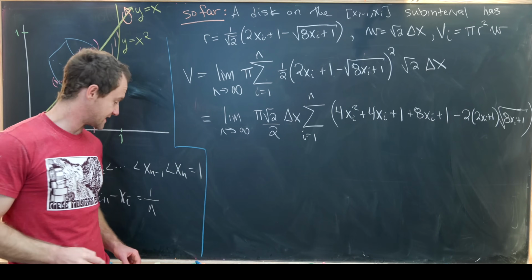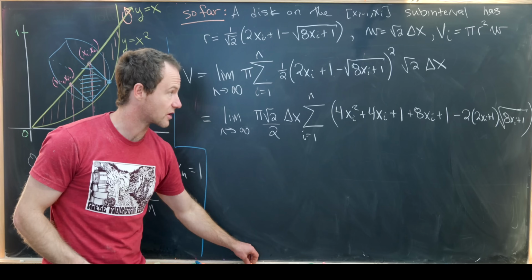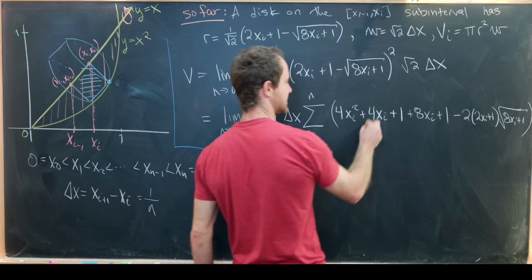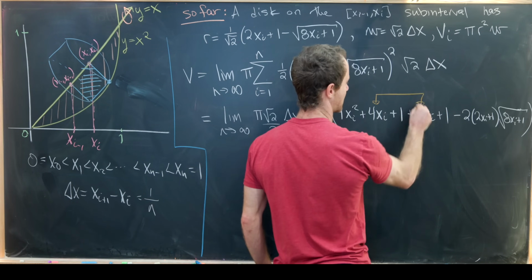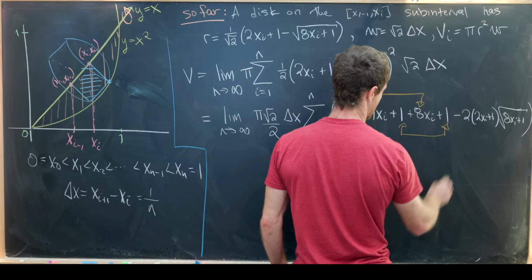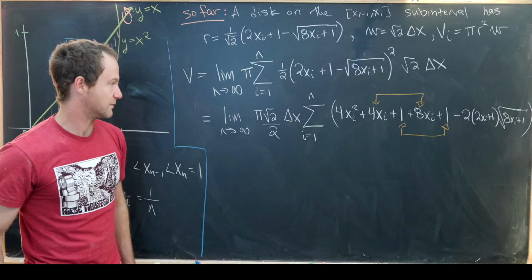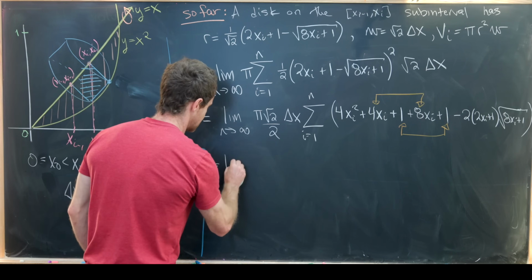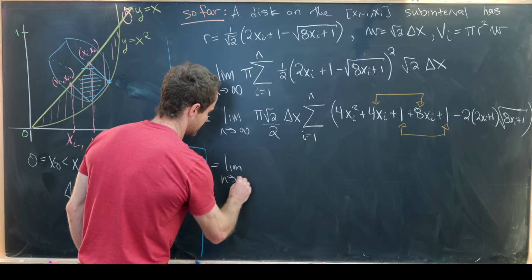Okay, now we can get to combining like terms. This term and this term are similar, and then this term and this term are similar, so we can put those together. That's going to leave us with this limit as n goes to infinity.